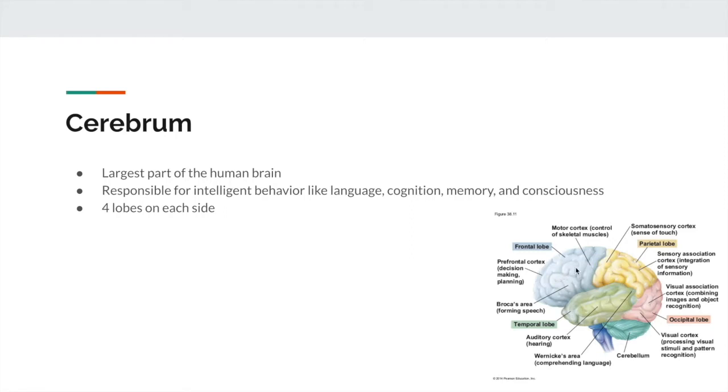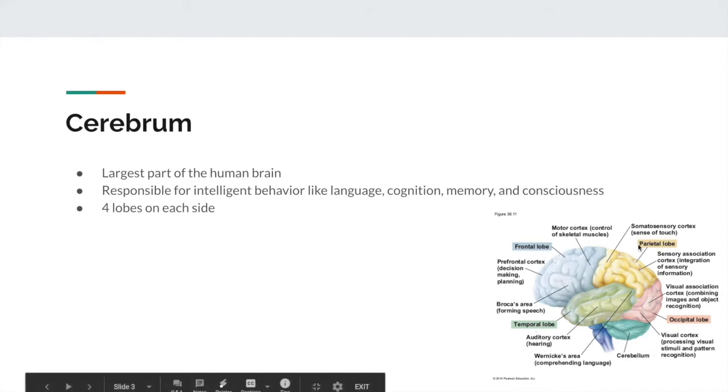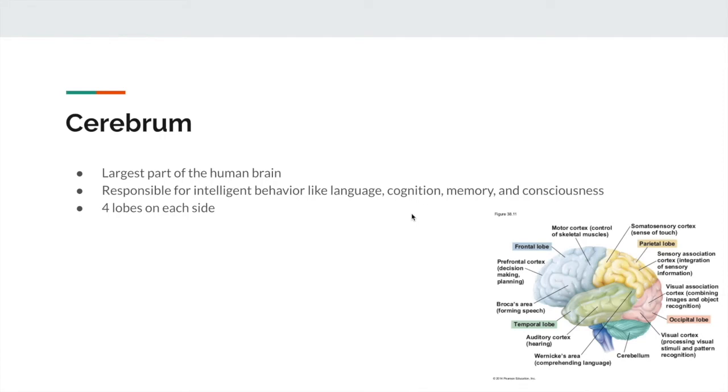So in the next few slides of the presentation, we're going to be focusing on several different lobes of the cerebrum. So we have the frontal lobe, the temporal lobe, the parietal lobe, and the occipital lobe. And so we're going to be talking about those four lobes, what their functions are. But keep in mind that the way that scientists have sort of designated these lobes is somewhat arbitrary. Even though it looks very smooth here, sort of defined, there isn't actually any sort of like physical barriers between any of these lobes.